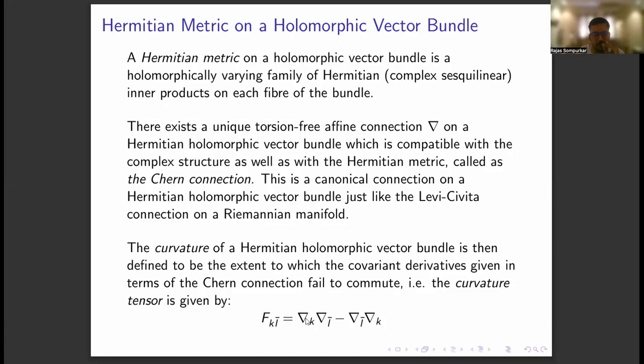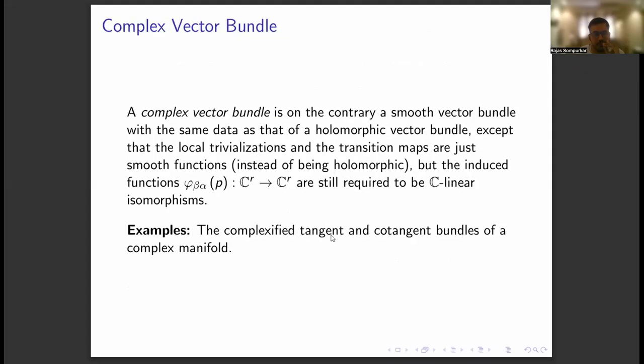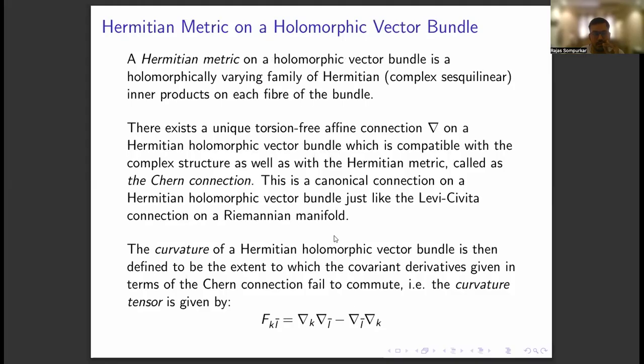Given this Chern connection nabla, we can take nabla_k and nabla_l bar. These are nothing but nabla subscript del by del z_k and nabla subscript del by del z_l bar. These del by del z_k and del by del z_l bar are sections of the complexified tangent bundle, and these are the covariant derivatives with respect to these sections.